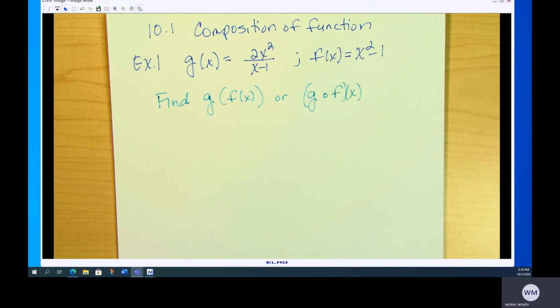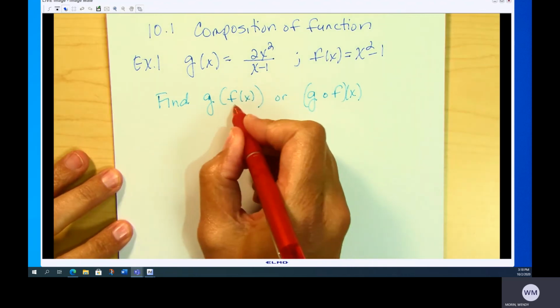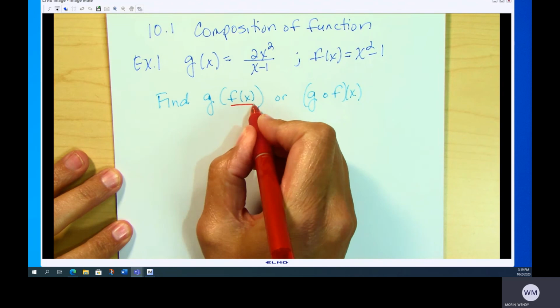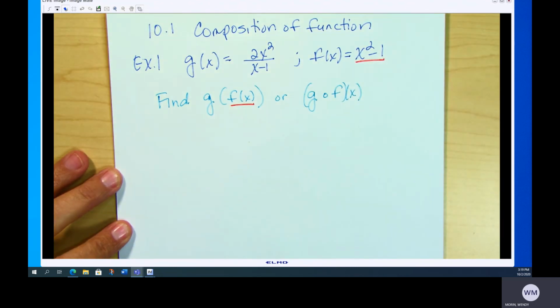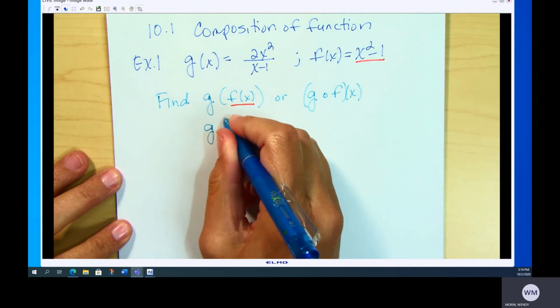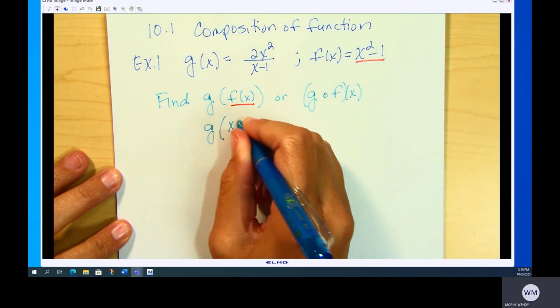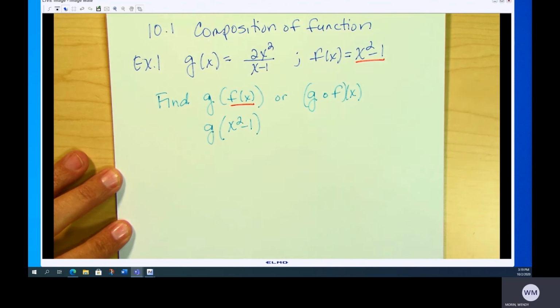We're used to substituting in numbers like g of 4 and finding a result, but in this case, we're substituting in an expression or another function. So what is f of x? Well, f of x is x squared minus 1. So in reality, it's asking us to find g of x squared minus 1.